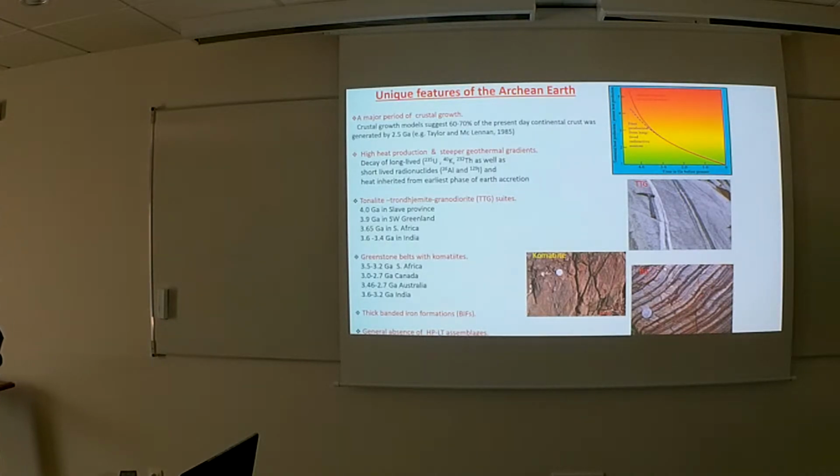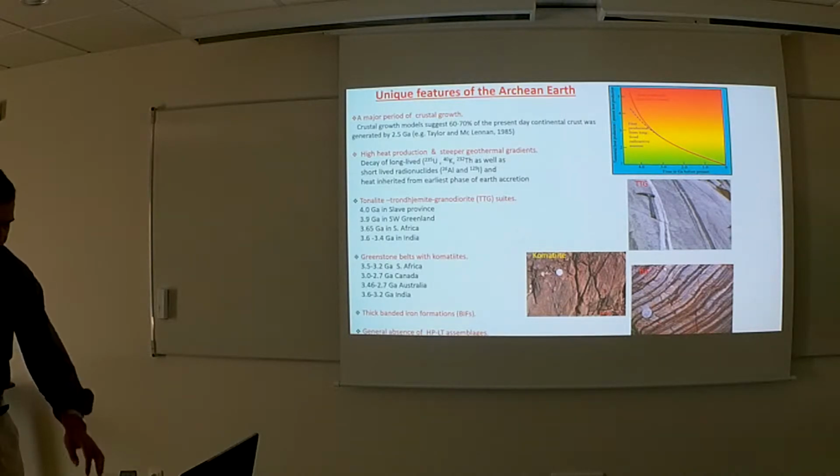Then another important feature of the Archean Earth is the general absence of high-pressure lithologies like eclogites. So the Archean Earth is moderate to low pressures, but relatively high temperatures. So the granulites are well preserved in most of the Archean cratons.